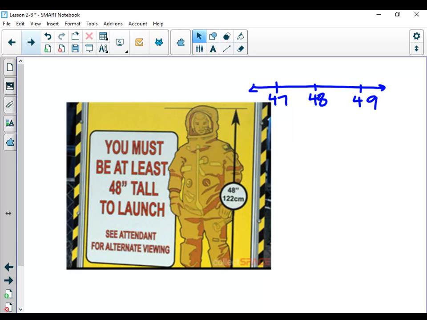It says you must be at least 48 inches tall. So if I just have a couple friends close to me, at least 48. So I could stand right up here against this line and be exactly this tall and ride the ride.